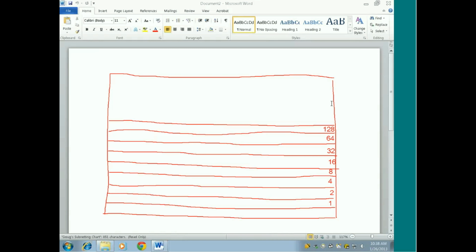I'm representing the value positions of binary, but what have I done? Usually they view it like this, horizontal, right? From left to right, ones and zeros. Well, what did I do? I just flipped it on its side. Everybody see that?